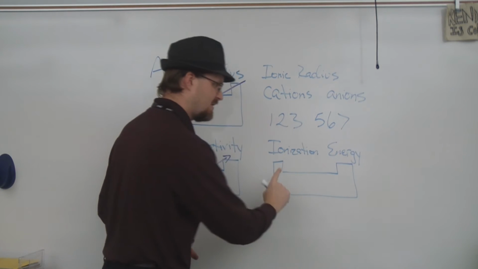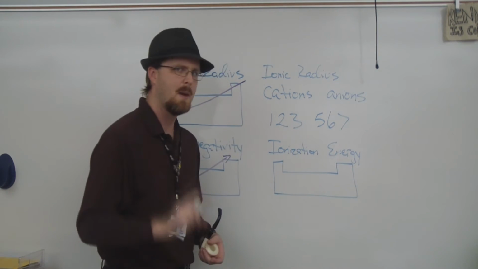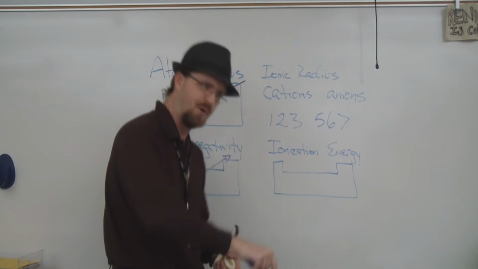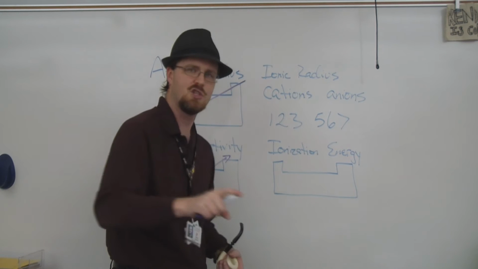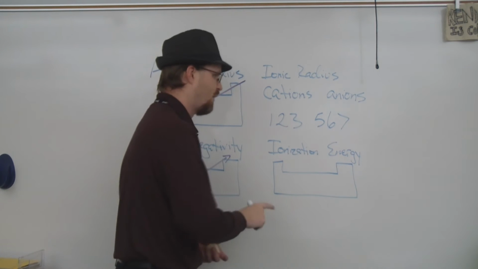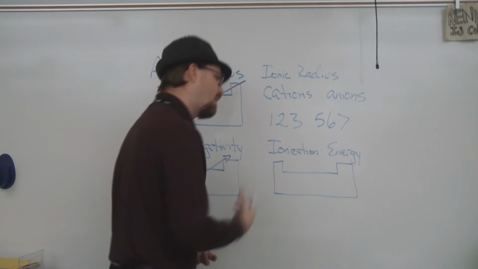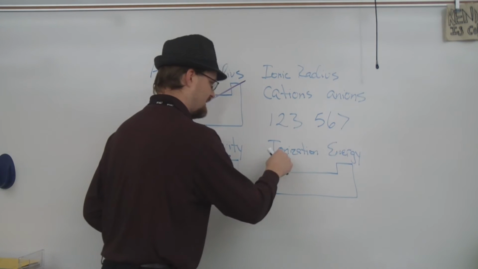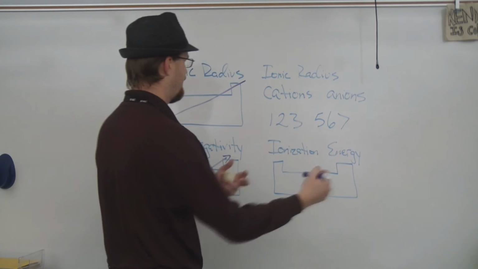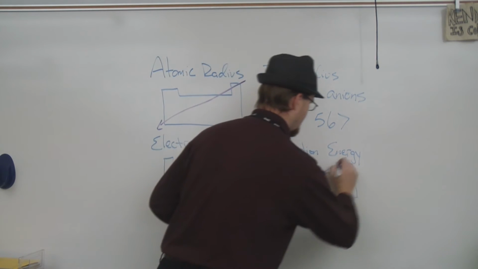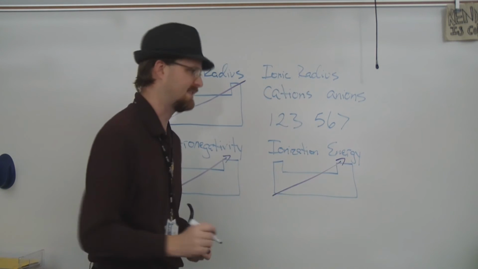So ionization energy must increase to the right, but as you go down the group and proton pull decreases and electron shielding increases, therefore it becomes easier and easier to take an electron away from that atom. So it decreases as you go down. Thus, this trend is very similar to electronegativity and increases thusly.